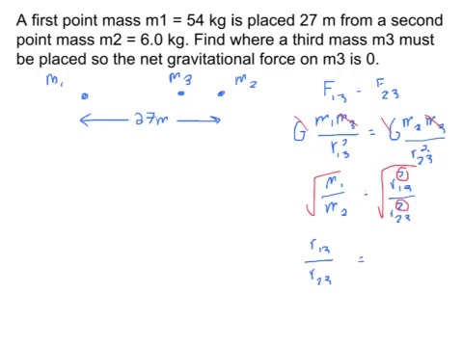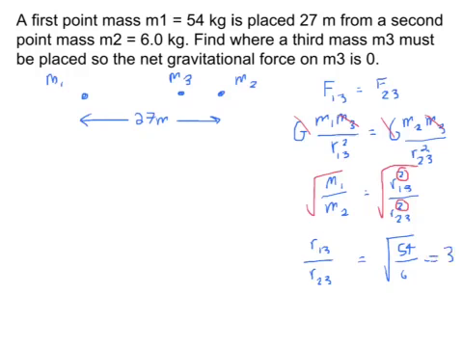And the left side will be the square root of m1 over m2, and that means we have the square root of 54 over 6. 54 divided by 6 is 9, as we know, and the square root of 9 is 3. So this ratio equals 3.